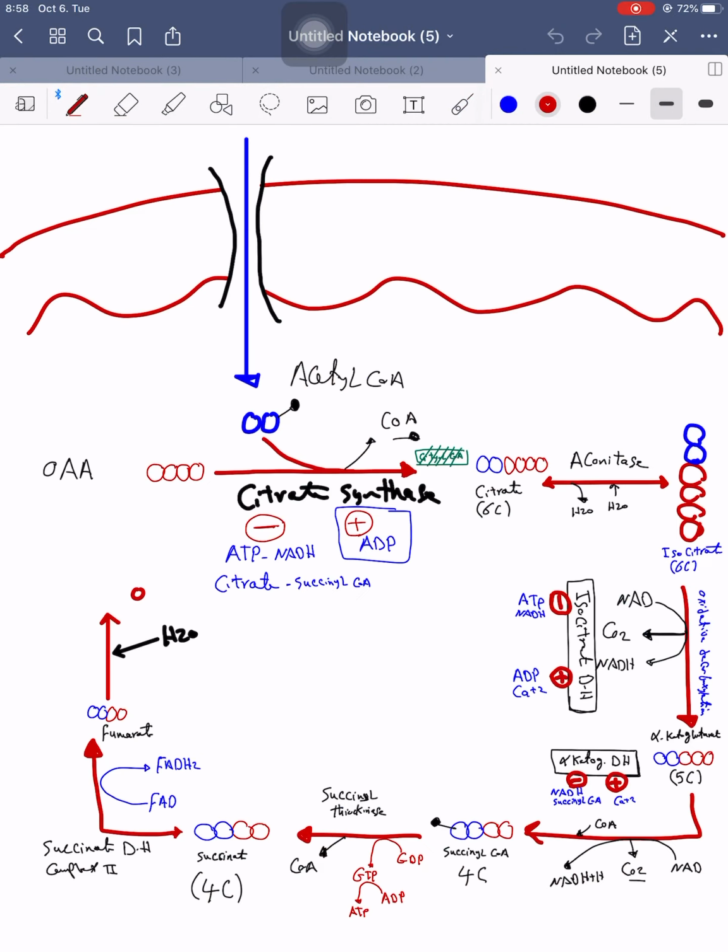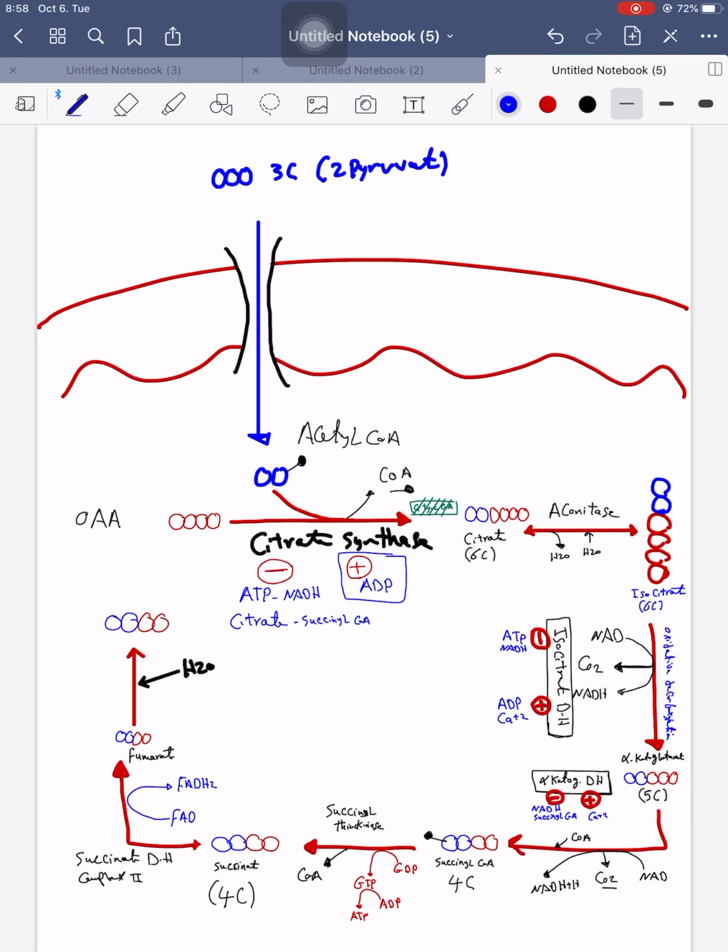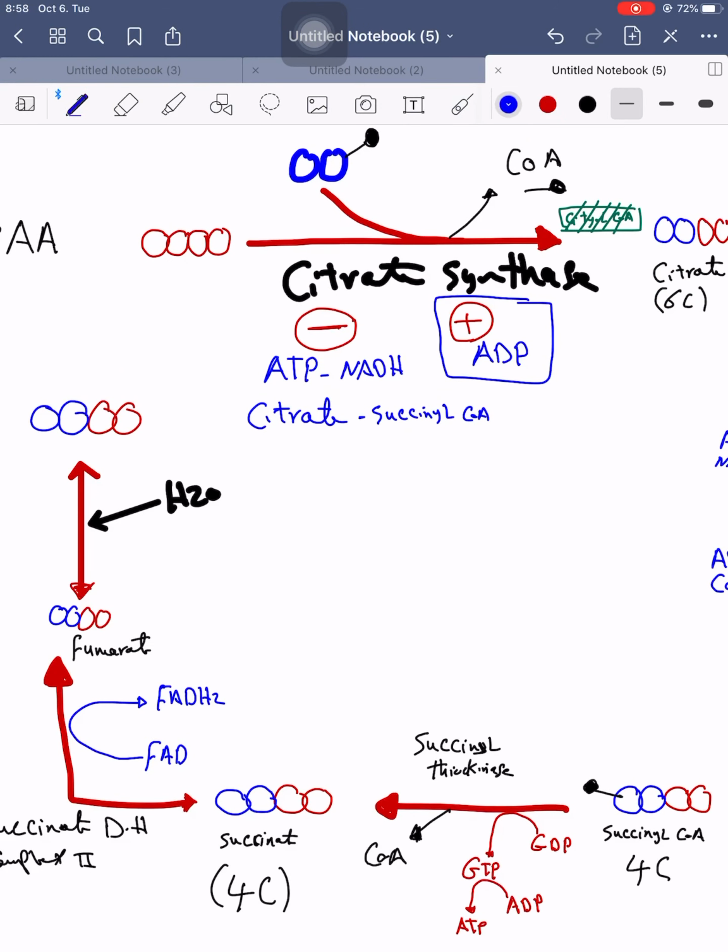Here we have 4 carbon. After succinyl, the last CO2 is lost from alpha ketoglutarate. Everyone is 4 carbon, and we just make a change in the structure, and this is reversible, and the enzyme which does this is called fumarase.